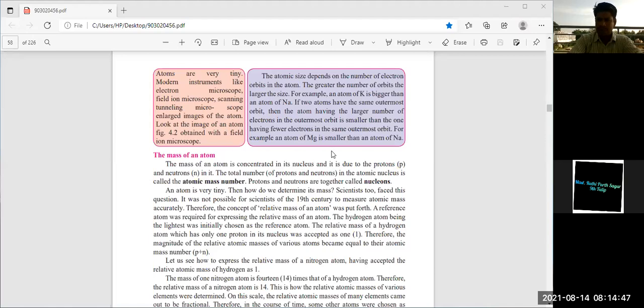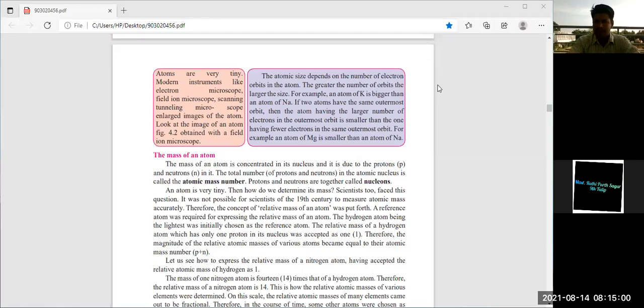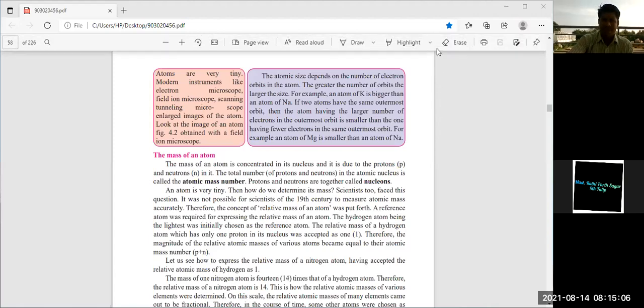The total number of protons and neutrons in the atomic nucleus is called the atomic mass number. That's called the atomic mass number, and both are together called nucleons. Protons and neutrons are together called nucleons.